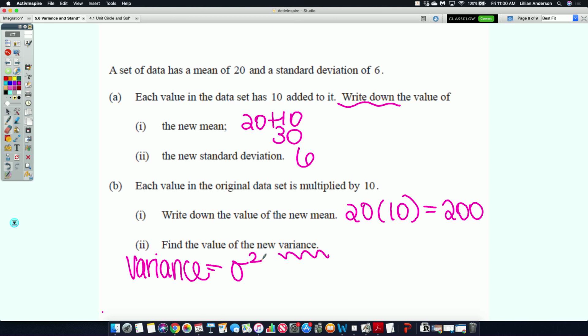So then if I can figure out what my new standard deviation is, I'll be able to figure out what my new variance is. You multiply your standard deviation by 10. So I'm going to take 6 and multiply it by 10. That gives me 60. But then to find my variance, I have to square that. And so what's 60 squared? 3,600.